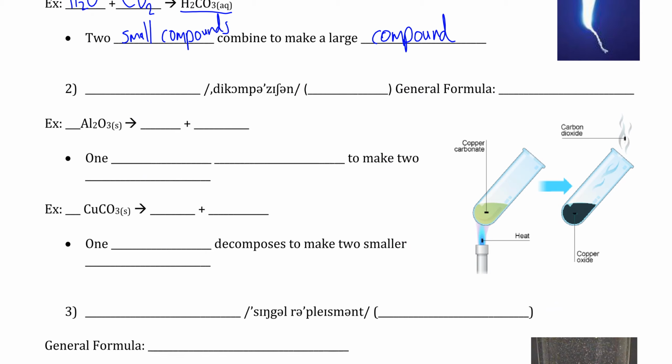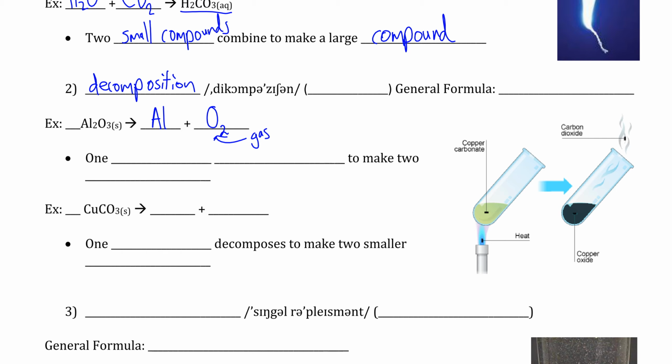Now, if we do a synthesis reaction backward, we would be doing what we call a decomposition reaction. For example, we know that if we have aluminum oxide, the two elements that aluminum oxide will break down to are aluminum metal and oxygen, and we would write O2 to signify that this is oxygen gas.